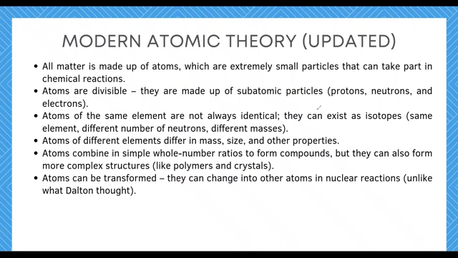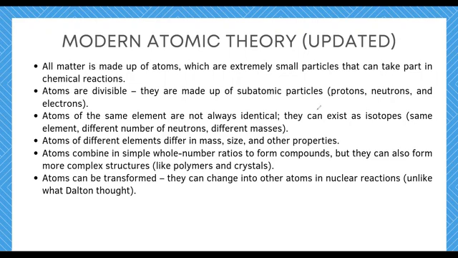Atoms of the same element are not always identical. They can exist as isotopes: same element, different numbers of neutrons, different masses. Atoms of different elements differ in mass, size, and other properties. Yes, and then the final two, that's for me.